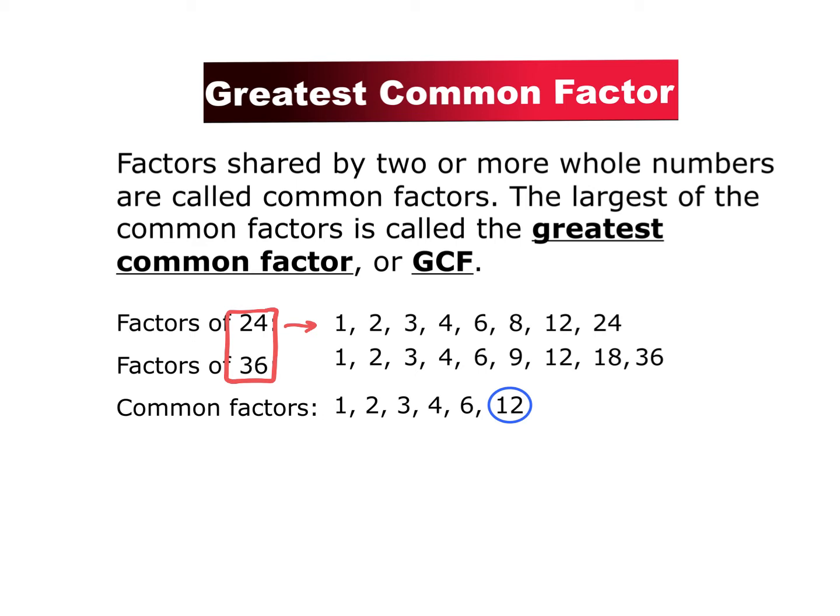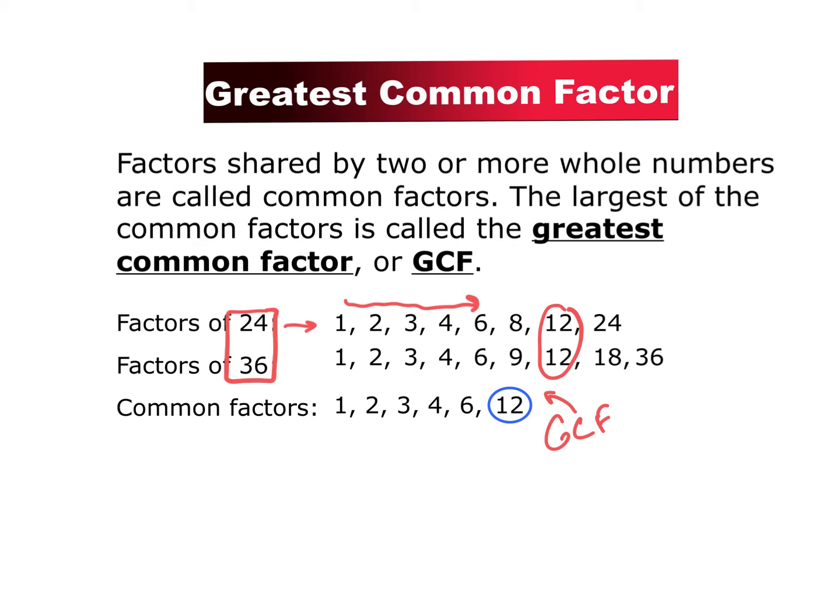Notice we have 1 through 6 as shared factors of 24 and 36, but the biggest one they share is 12. So we'd say our greatest common factor between 24 and 36 is 12. That's one technique for finding the greatest common factor: just list all the factors out.